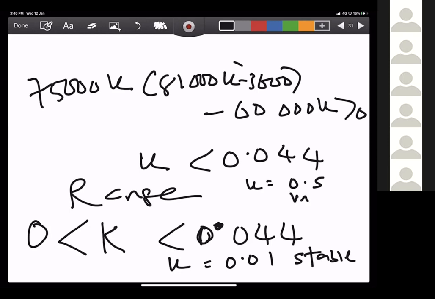Unstable. Other case? K sama dengan 0.044. Stable ke unstable? Oh, stable. Alah. Oh, no. Marginally stable. Imaginary statement.